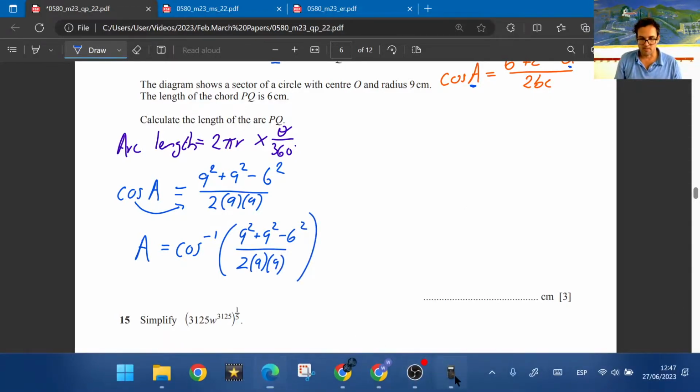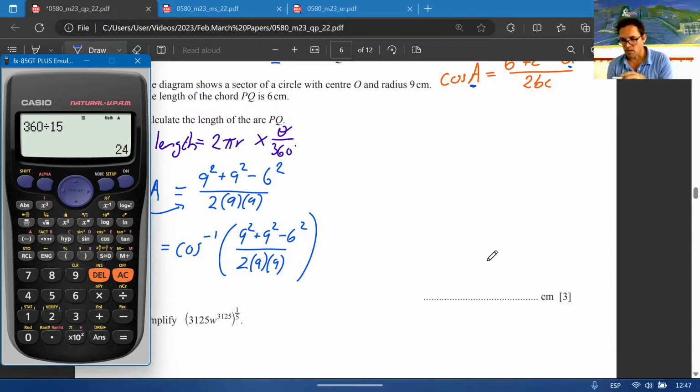So let's do that. Okay, here we go. Shift cos, bam, 38.942.